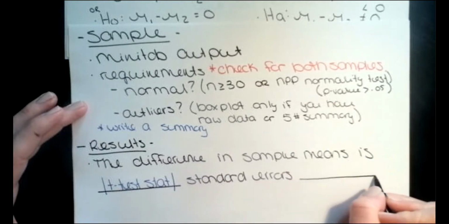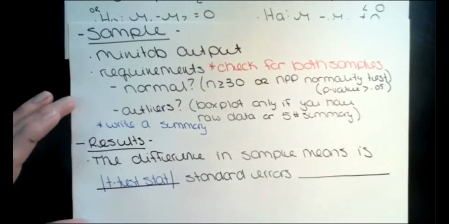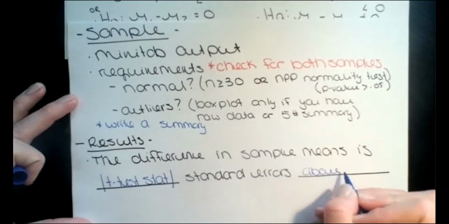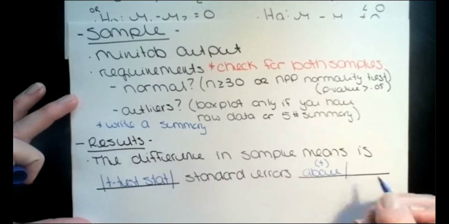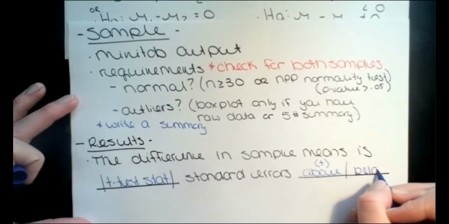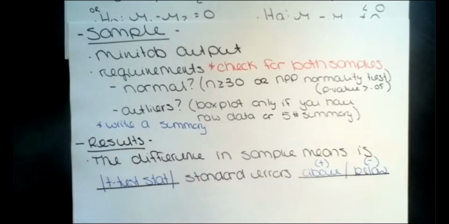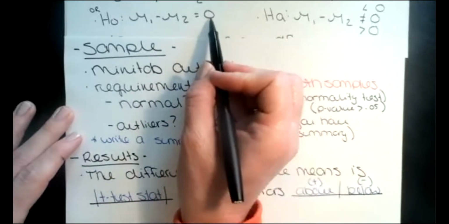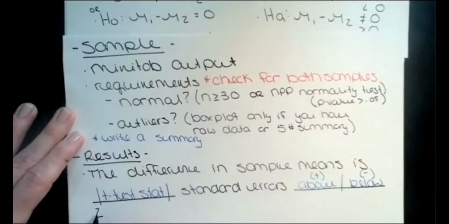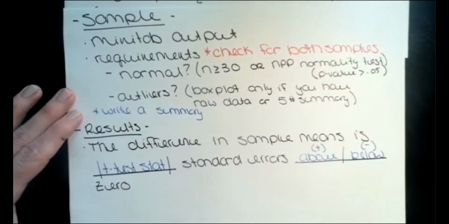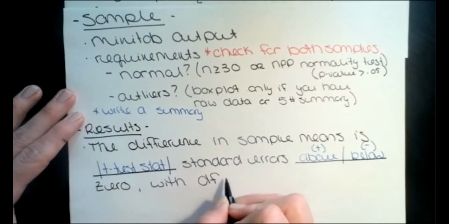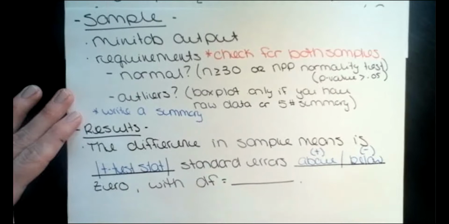Then it's above or below, because that means if I'm positive or negative for my test statistic. So above means my test statistic is positive, and below means it's negative, and it's not related to any specific number other than 0, right? Because 0 is my mu naught, my null value.